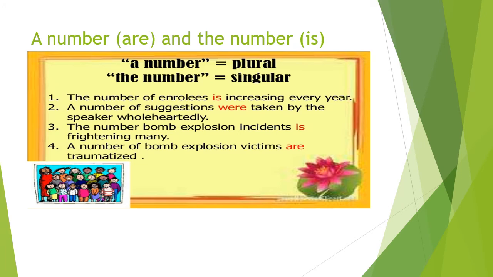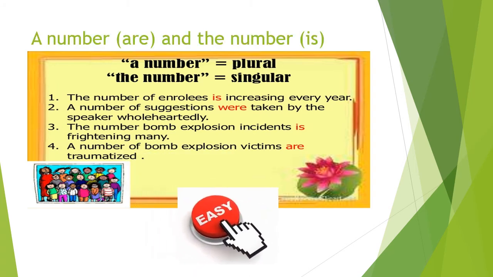The number of enrollees is increasing. A number of suggestions were. The number of bomb explosion incidents is. A number of bomb explosion victims are traumatized. Okay? So you only look at the number or a number. The number, singular, a number, plural. That's easy.